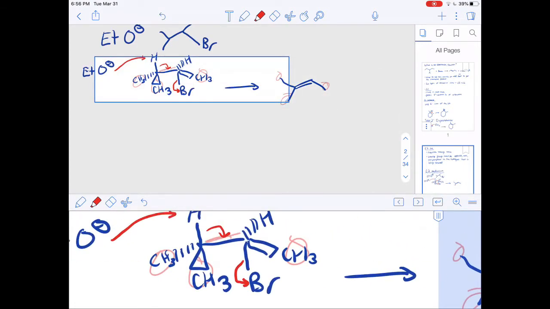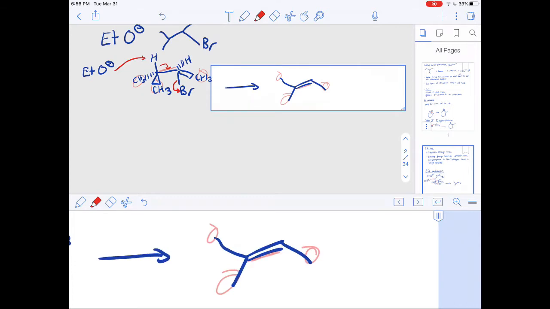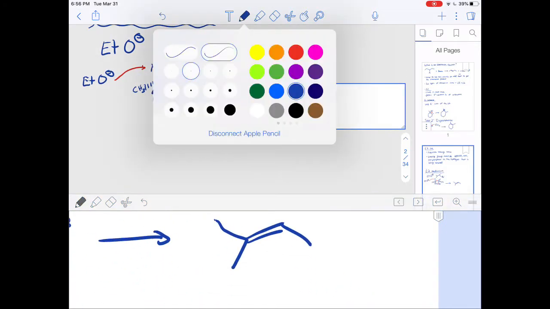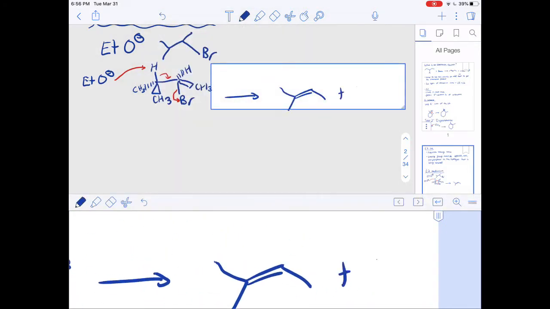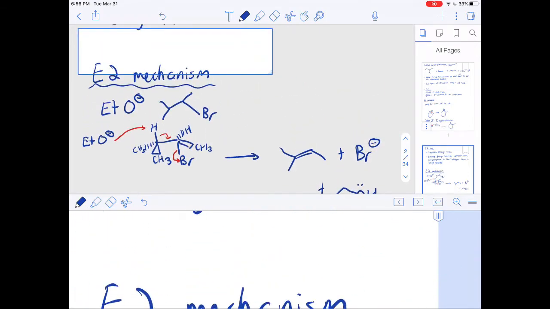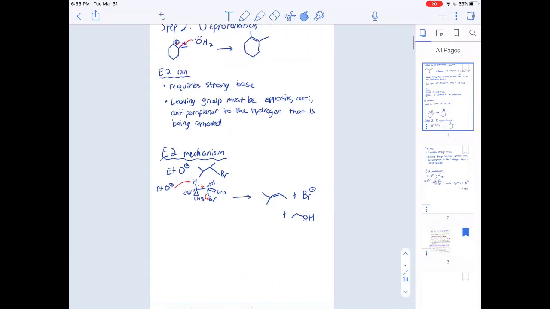And the electrons that went into this are now in this double bond. Okie dokie. And you're also going to have the Br anion as a side product, and you're going to have the protonated version of the base, which is just this. So that's an E2 mechanism.